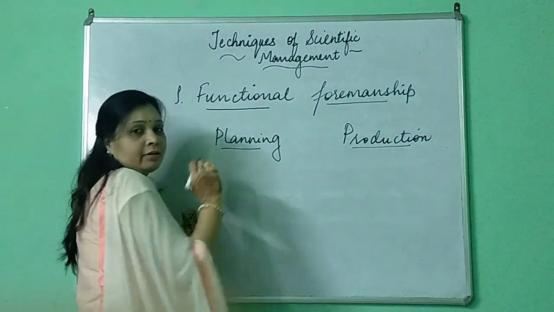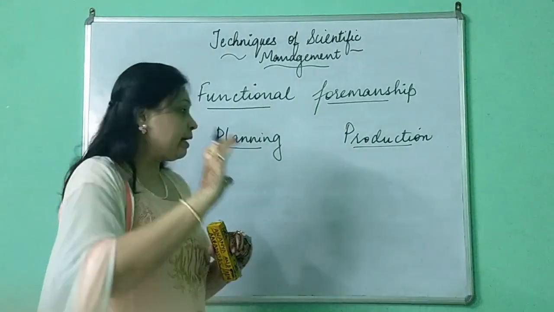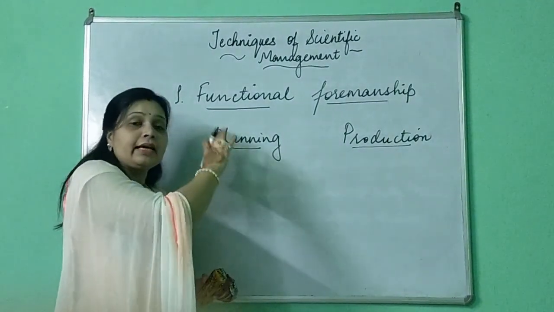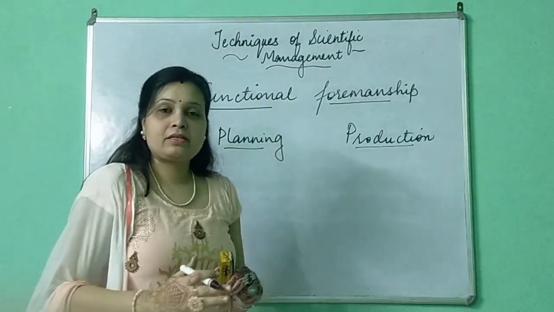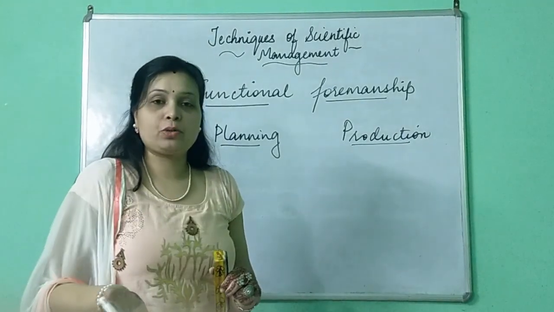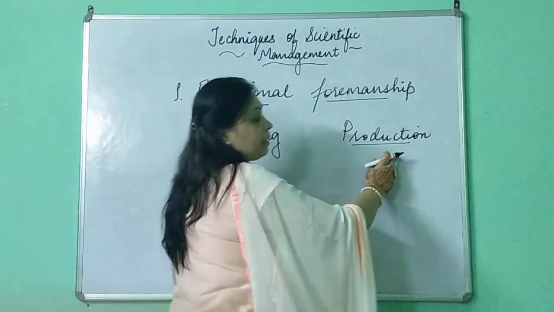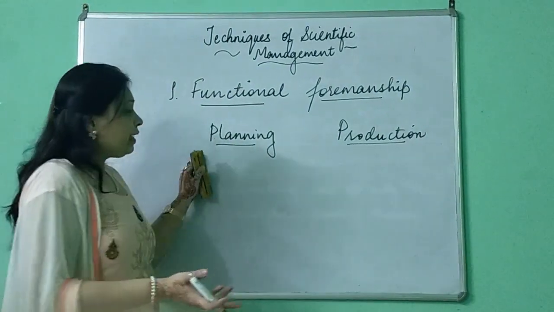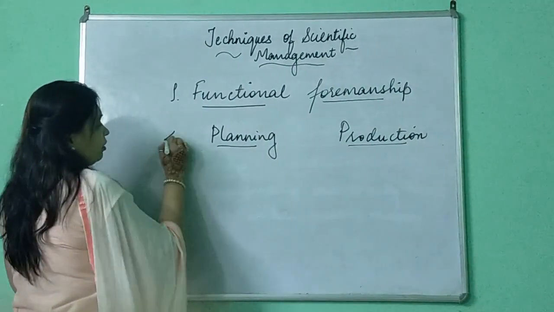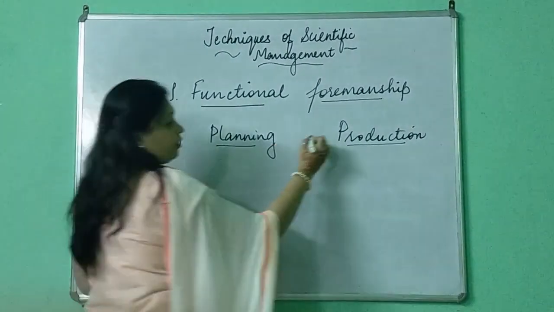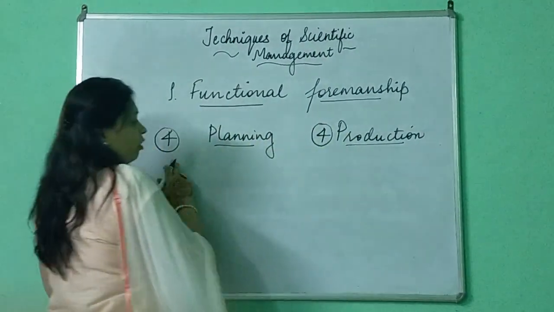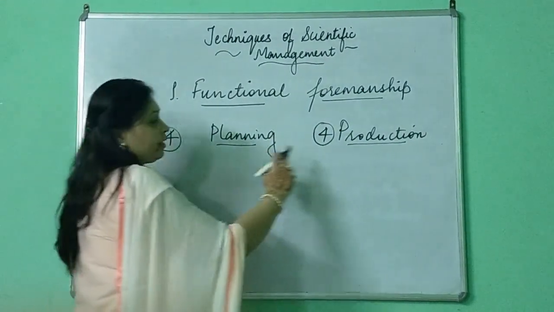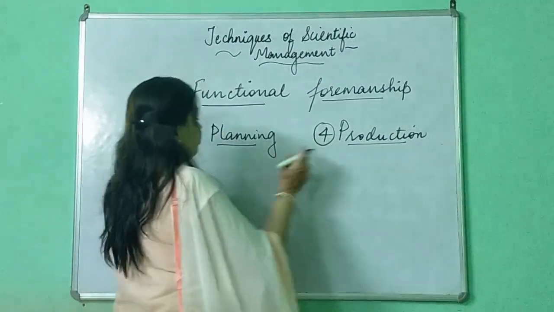Planning department, as you can understand from the name itself, only planning is done, how the work will be executed. And in the production department, the actual work is done. Now each department has 4 officers. There are 4 officers in planning department and 4 officers in production department.